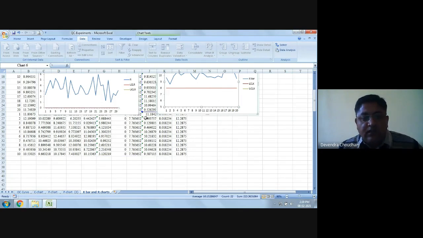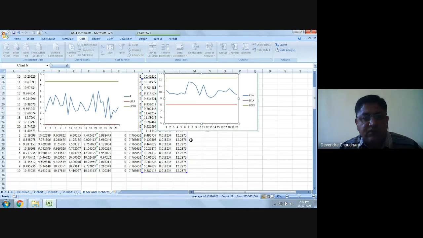Similarly, I extend these new subgroups for this chart. So I have extended. You see that both charts are again within control. Why are these controlled? Because my process mean as well as standard deviation is same.